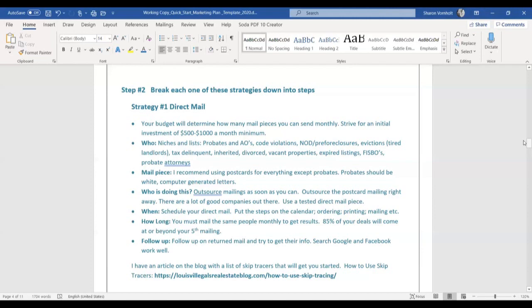The last thing here is following up on your direct mail. When you get return mail, stop and think about this for a minute. Your inclination is probably to set it aside or throw it in the garbage or say, I don't know how to get their address. Well, guess what? Everybody else is doing that. So you want to follow up on returned mail. A lot of times you can find these folks on Google, on social media, and things like that.